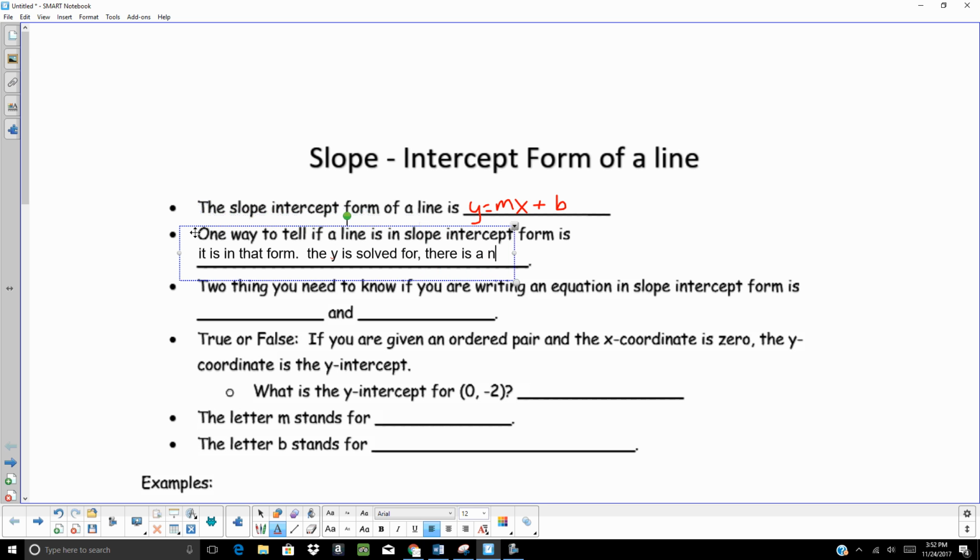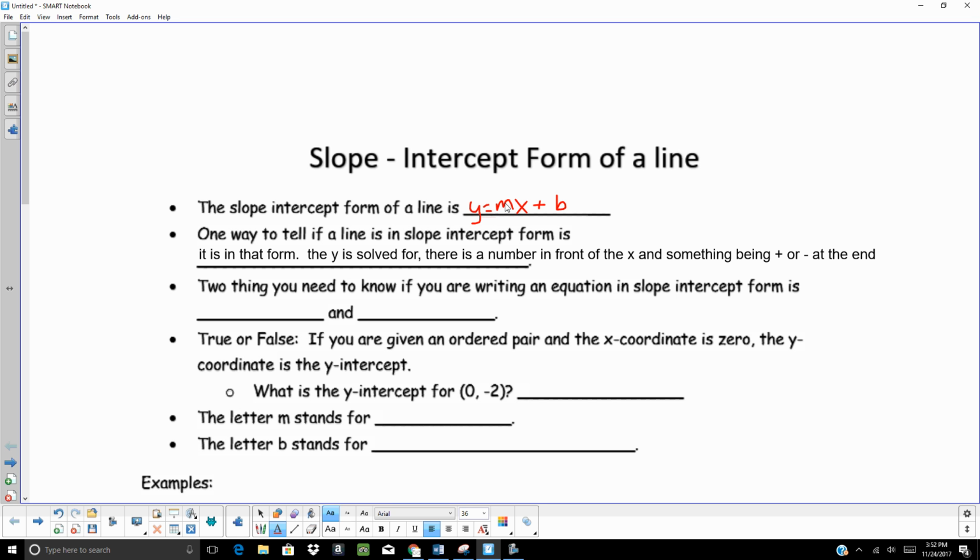There is a number in front of the x and something being added or subtracted at the end. So in this case, the y is solved for. That y is by itself.